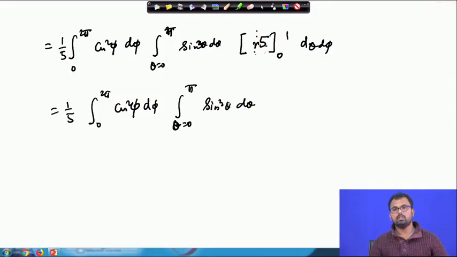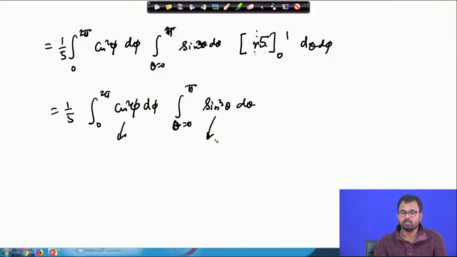Here we can either use the induction formula, or we can use the trigonometrical formula, where this will reduce to sine 3 theta minus 3 sine theta, and from there we can do some calculation, and we can find out the value of this integral with respect to theta. Then we adjust a factor 2 here, so that we will get 2 cos square phi, which is cos 2 phi plus 1, and from there we can calculate this integral as well, or we can use the induction formula.